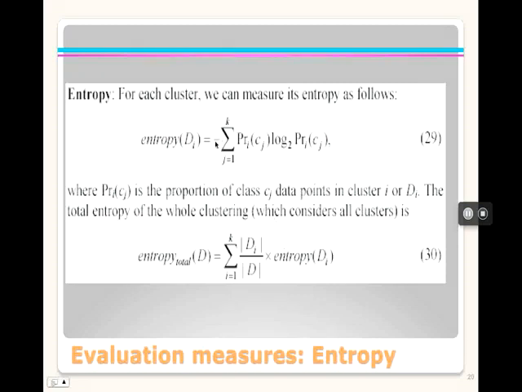So again, the entropy can be considered as an error. For each cluster you see how many errors you have, then you sum up all those errors and you see how much error you have.